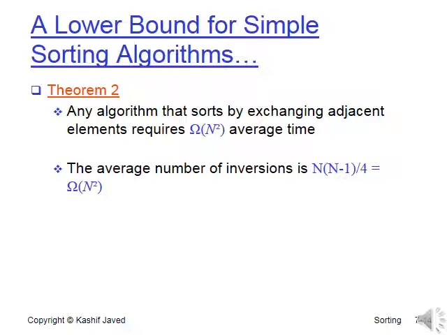Now each swap removes only one inversion, so big omega n squared swaps are required. A sorting algorithm makes progress by eliminating inversions, and to run efficiently, it must eliminate more than just one inversion per exchange.